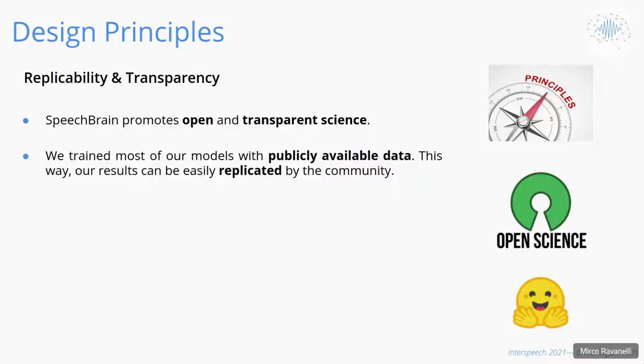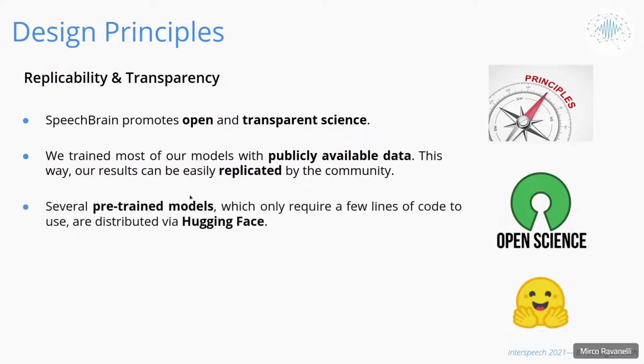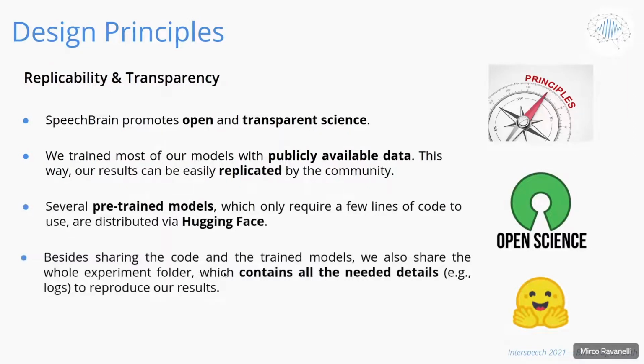On our side, what we have done is to create recipes on publicly available data, and hopefully allow the community to easily replicate our numbers. So we share the pre-trained models on Hugging Face, and also we share all the logs, all the things as well, to make sure that people are able to replicate the numbers that we are achieving with our models.